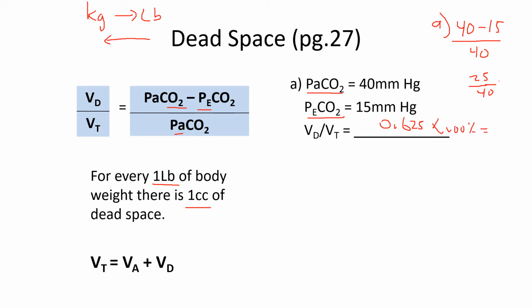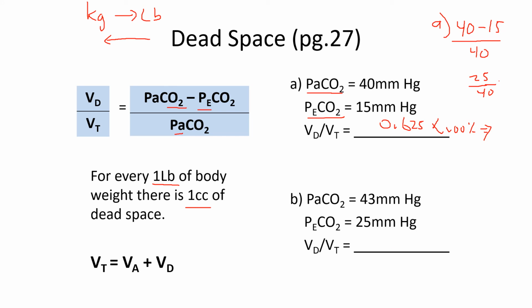So that's if you need to turn it into a percentage. All right, B. So the partial is 43. All we do is subtract the average over 43. So your ratio becomes 0.41.